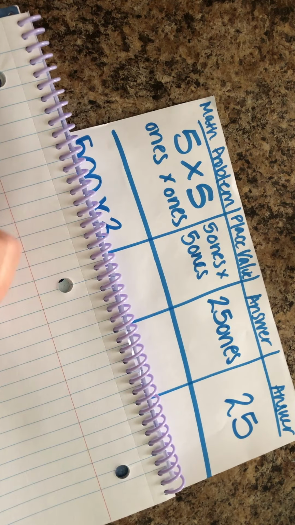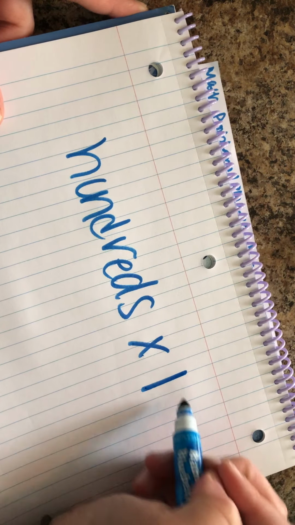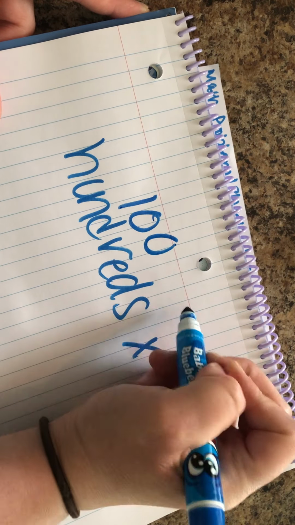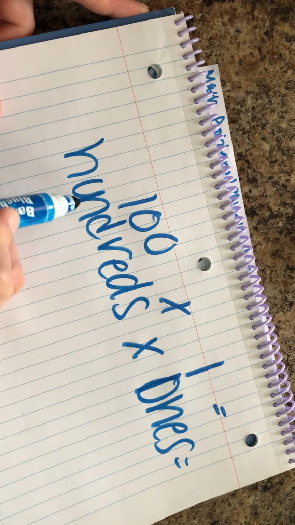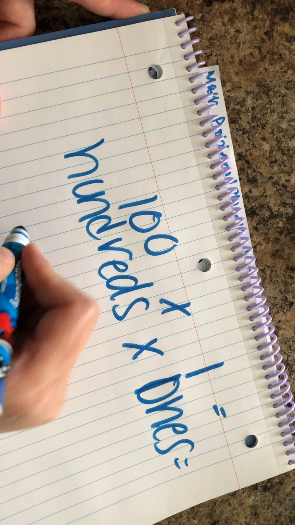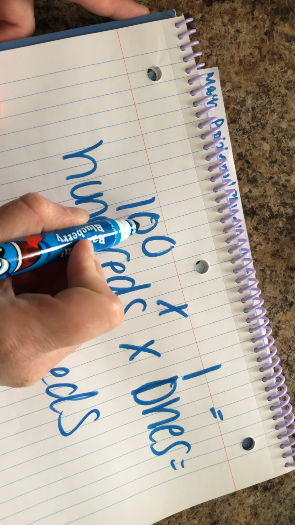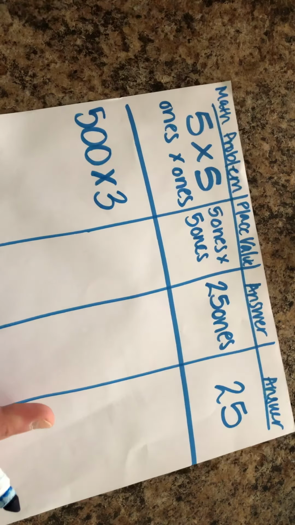If I'm going to do hundreds times ones, what am I going to get? Let's think about this. What about 100 times 1? Well, anything times 1 is itself, right? So I know that my answer is going to be in hundreds, because anything times 1 is itself.